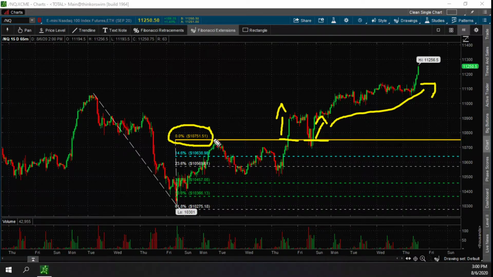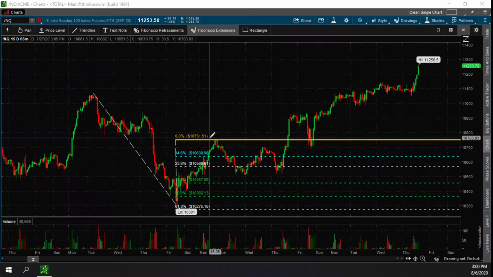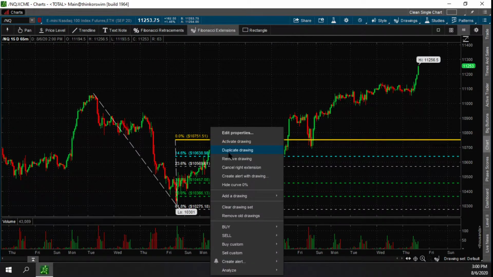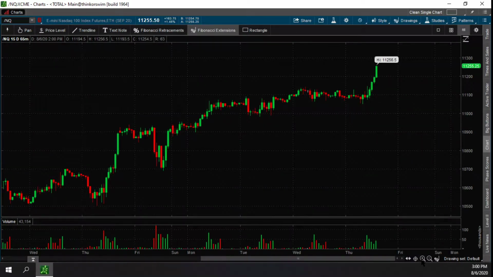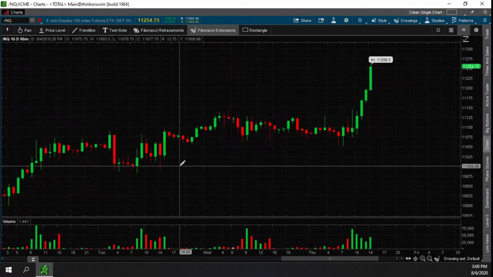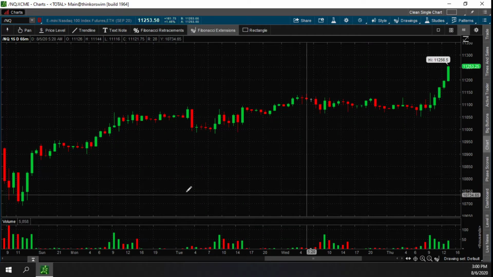Of course, when you draw the retracement, you don't have any future data on here. So if you wanted to look at the future, we could do a retracement for, let's say, today.